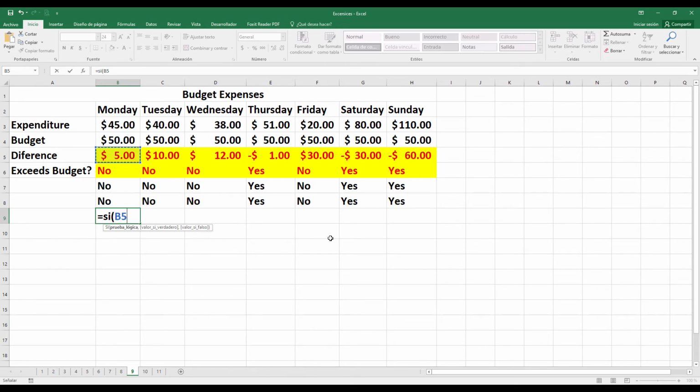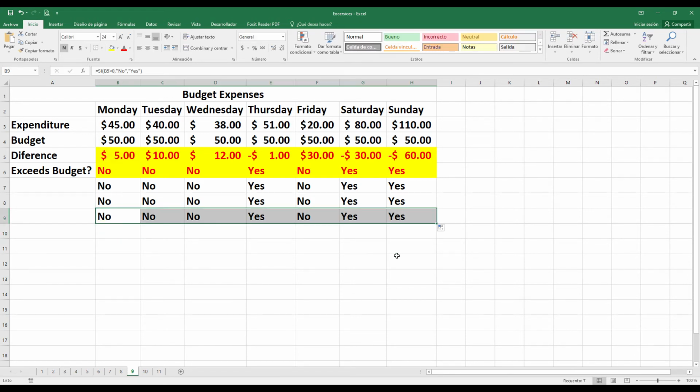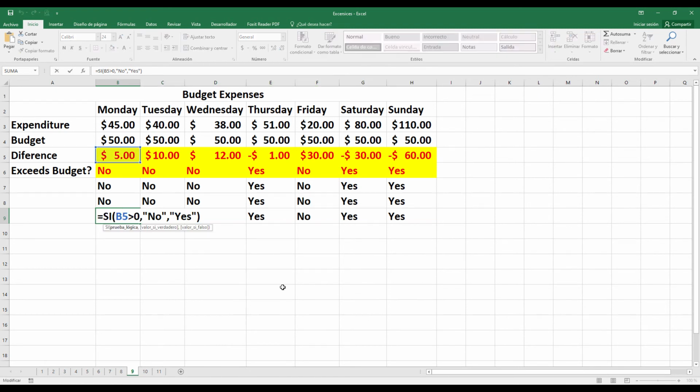If your difference is over 0, or greater than 0, or positive, you don't exceed your budget. Okay, it works. This is another way to know if you exceed your budget.